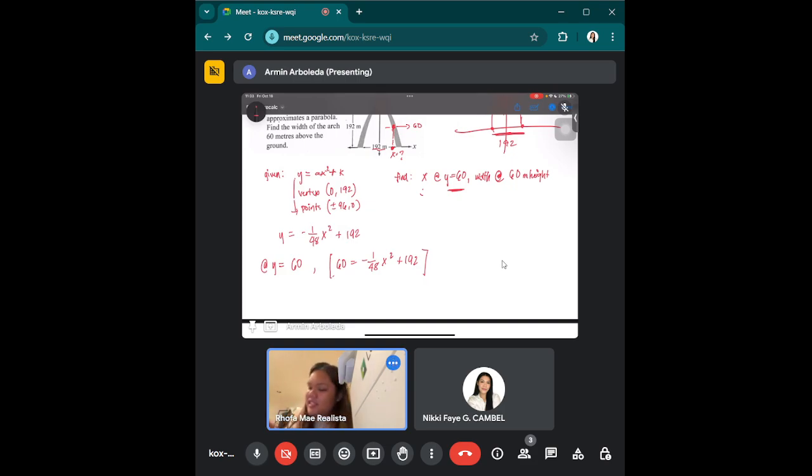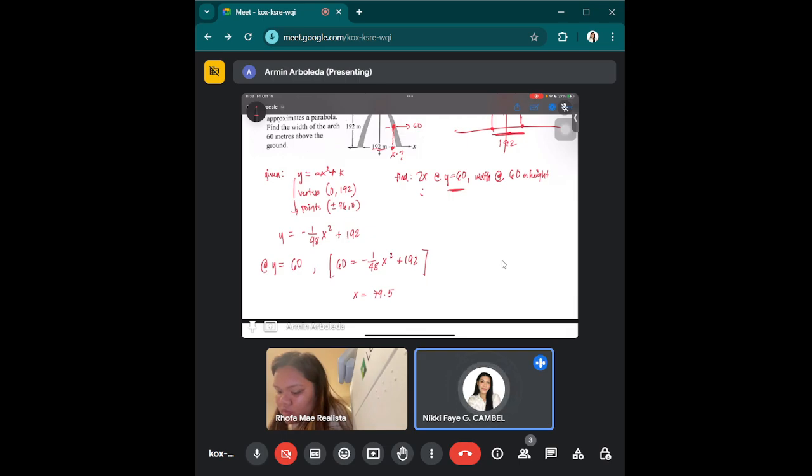Lalagay ko pa yung parenthesis? Di na po. Yung 60 lang until 192. The x should be around 79. After po ilagay, shift and calc.